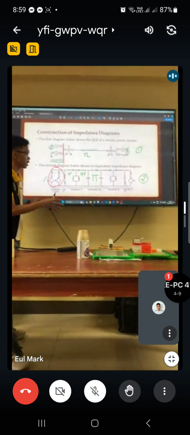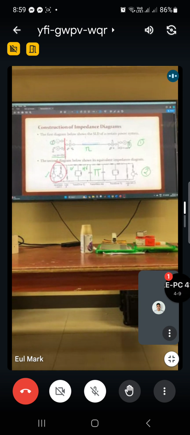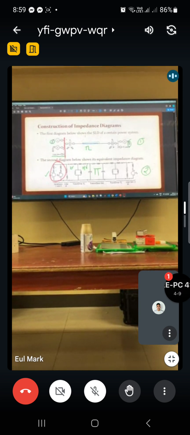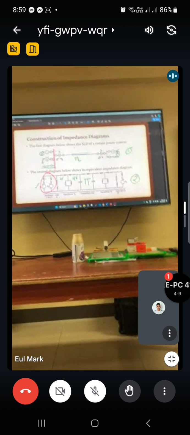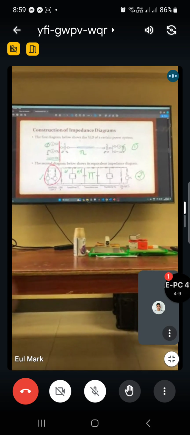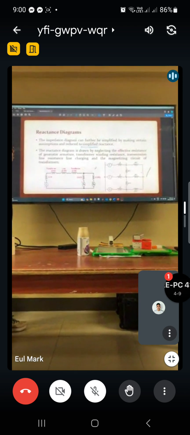This is the most proper one. But in our analysis, especially load flow and fault analysis, we use the reactance diagram. So what is a reactance diagram?